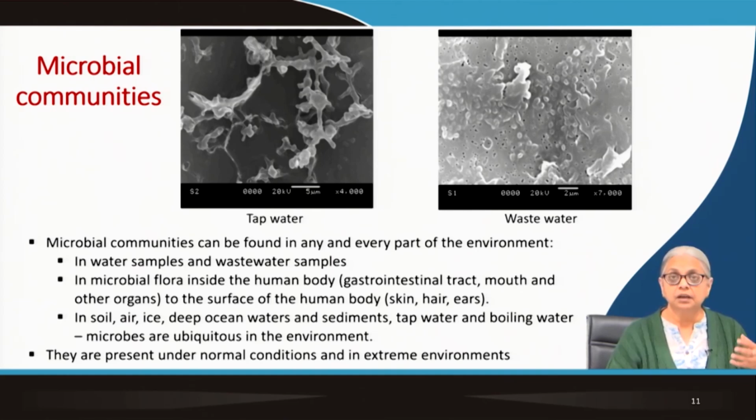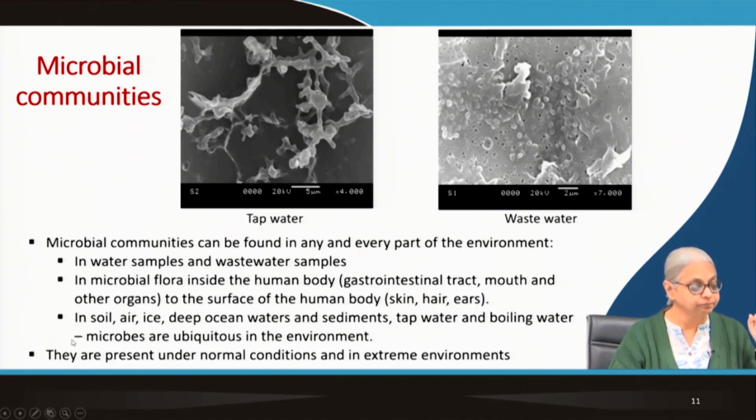Yogurt or dahi is considered a probiotic because it provides beneficial microorganisms which are actually helpful in digesting lactose, which is milk sugar. So it's not just outside the body that is full of microorganisms, but we also have a large number of microorganisms within the body. They exist in the gastrointestinal tract, the mouth, and other organs of the body, the skin, hair, ears, and so on.